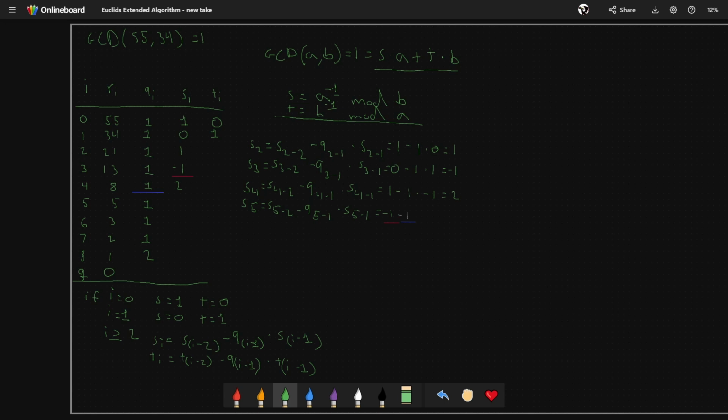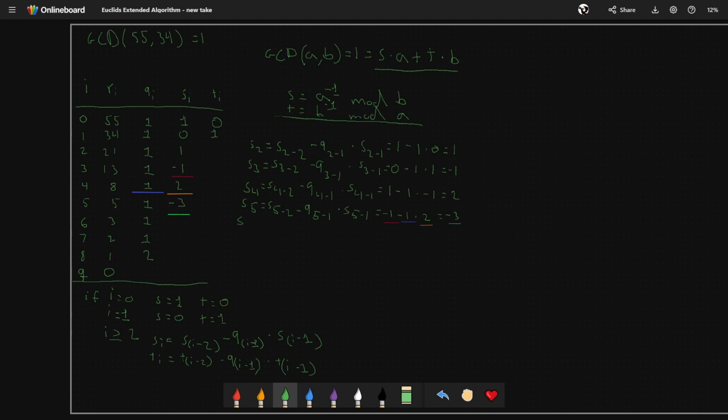So that's 1 multiplied by S5 minus 1, which is S4. S4 is equal to 2. So here we have 2 multiplied by 1, which is 2. Negative 1 minus 2 is negative 3. So S5 is equal to negative 3.